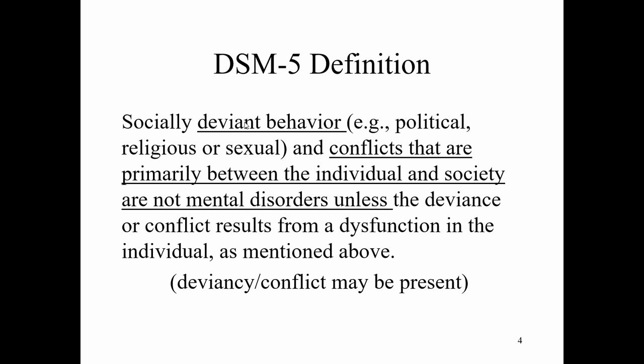So we might think of, for example, pedophilia as deviant behavior because it is not common, thank God, although it exists and is all too common, but not common. And secondly, it goes against the norms of our society. It is something that just about every person is going to say is not right.